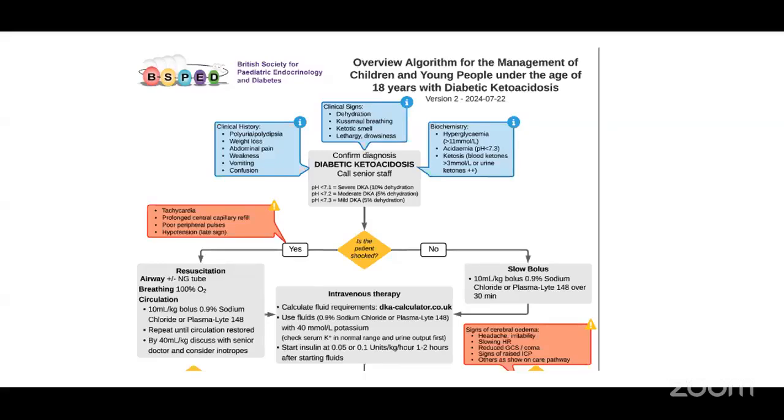Once the child is clinically well, the symptoms have subsided, the child is able to tolerate oral fluid, the blood ketone levels have fallen to less than 1 millimole per liter and the pH is normal, that is when we consider resolution of DKA. Okay, then we can start subcutaneous insulin at that time and stop the IV insulin infusion that is going on.